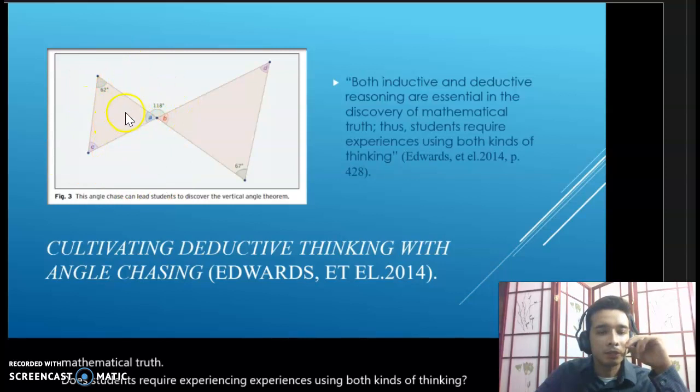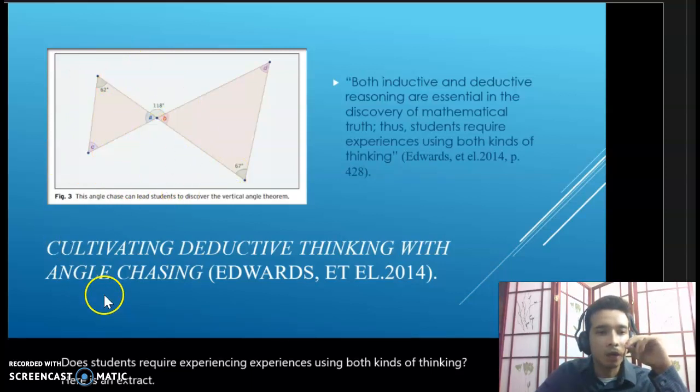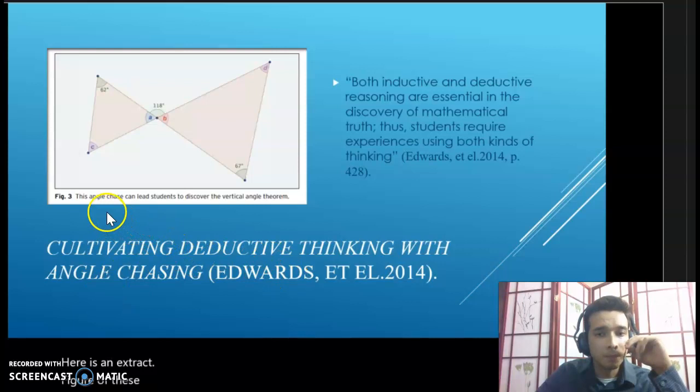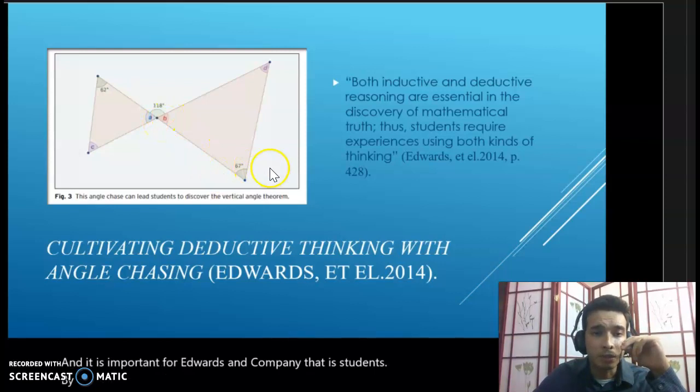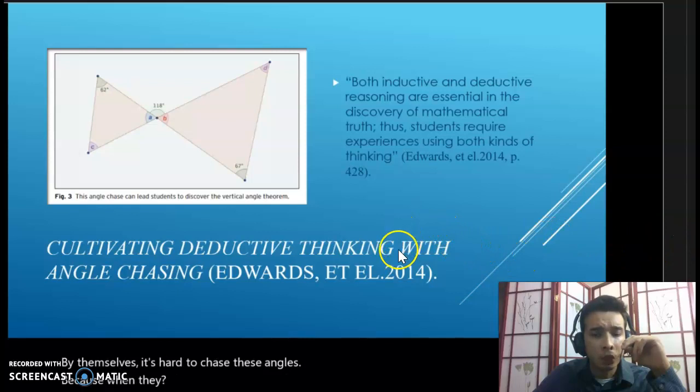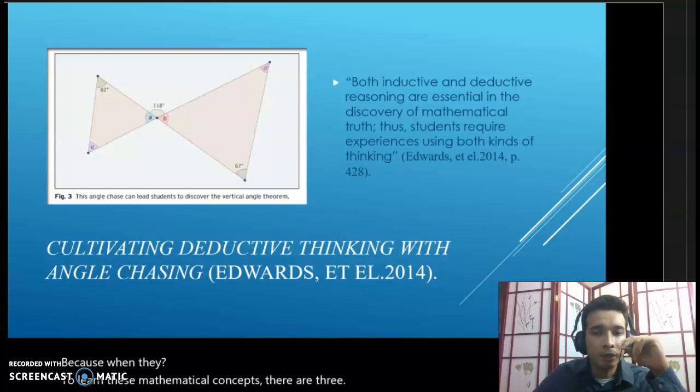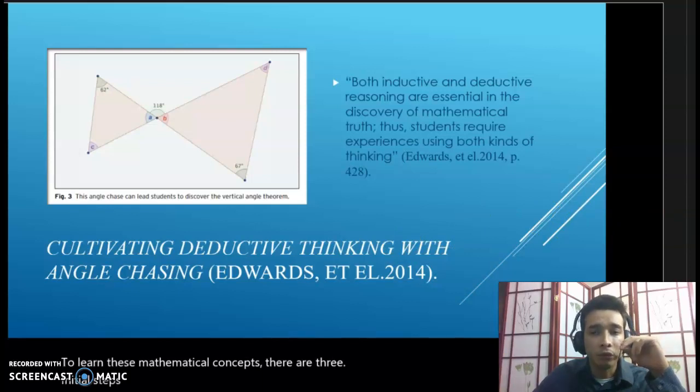Here is an extract figure of this reading, and it is important for Edwards and company that students by themselves start to chase these angles, because when they learn these mathematical concepts, there are three initial steps. The first one is an initial deduction. The second one is an inductive step, and the final is the final inductive.